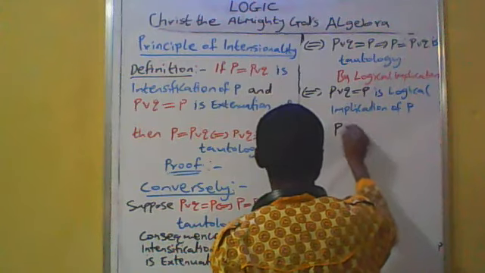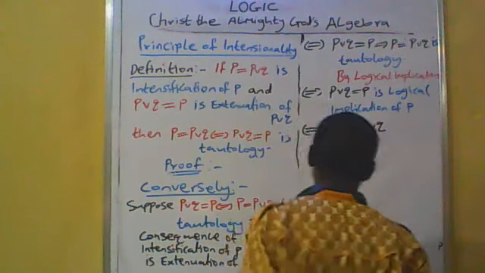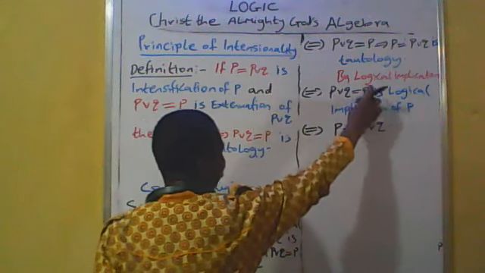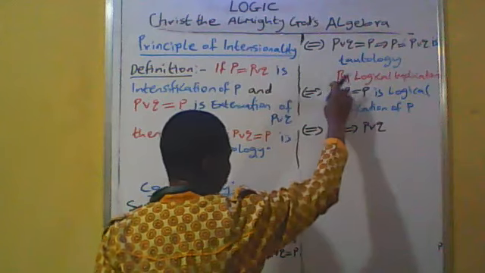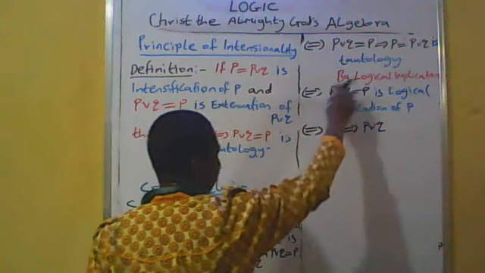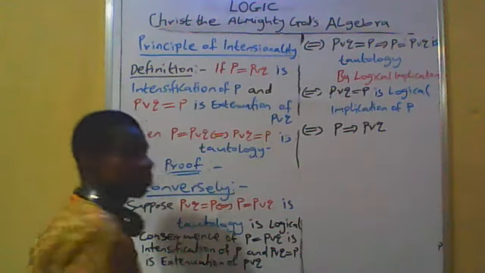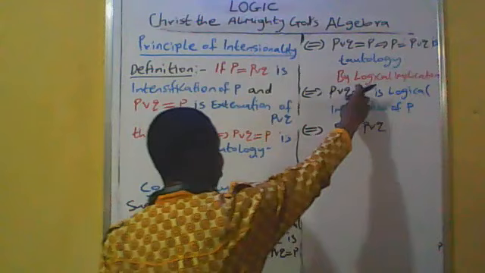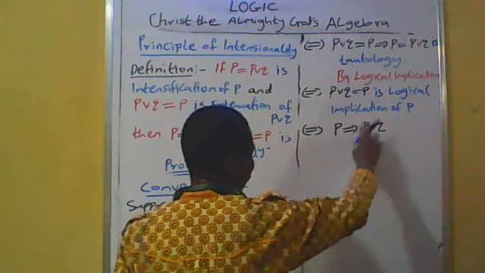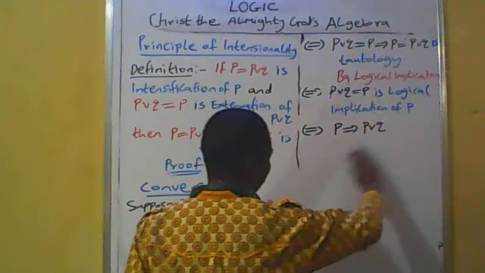That means P implies P or Q, in the sense that P is logical implication of P or Q. That means P is subset of P or Q, while P or Q is subset of P. If that is the case, we say that P proves P or Q. That's why we deduce it to conditional statement that P implies P or Q. And see that whenever this statement, it will give us tautology.